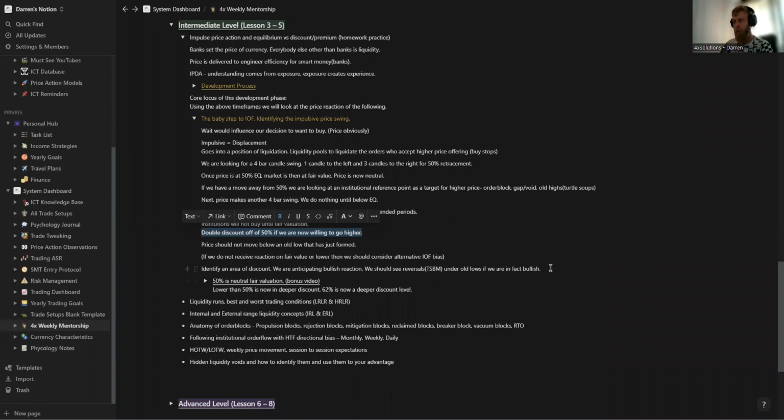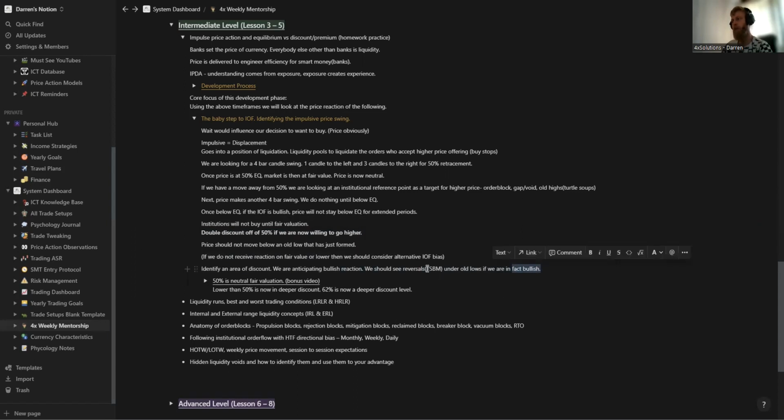Okay, so I need to continue, and what I'm going to continue with now is based on what we just said about equilibrium and discount. One of the key ideas behind possibly a reversal is the fact that when price is in a discount of a particular range that we've identified, it is very likely that we will get a turtle soup buy model under old lows if we are in fact bullish.